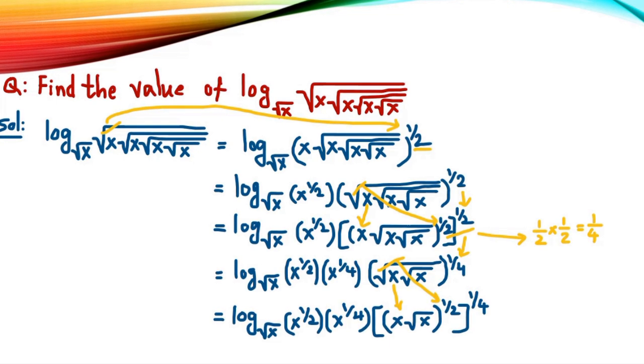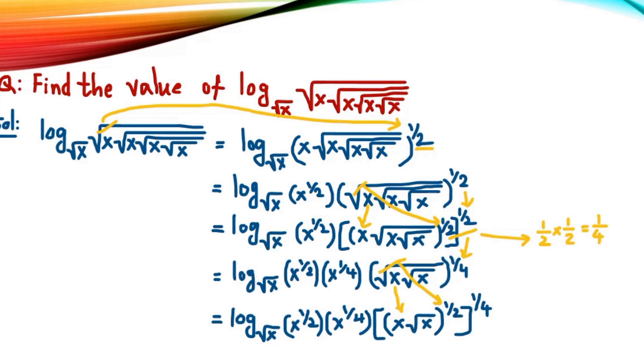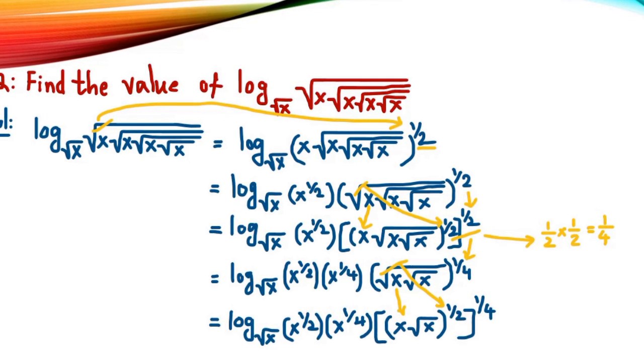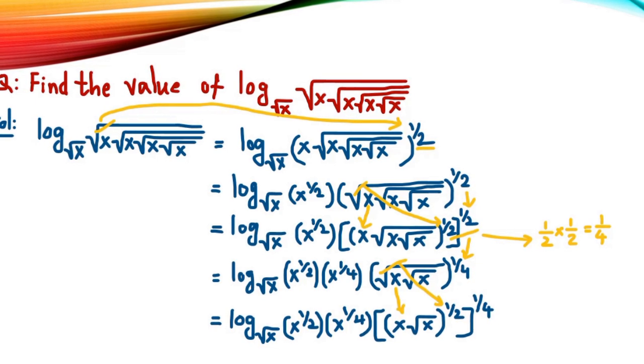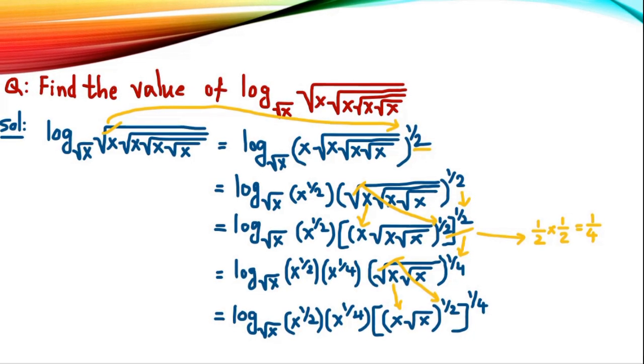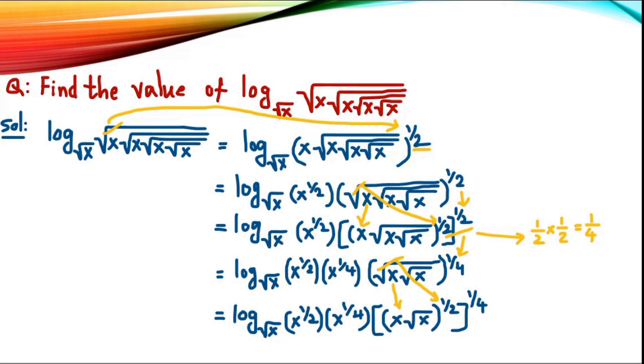So the expression becomes log base square root of x of x to the power of 1 by 2 into x to the power of 1 by 4 of x root x, whole to the power of 1 by 2. Here we are changing only one square root, so it is 1 by 2 and whole to the power of 1 by 4.